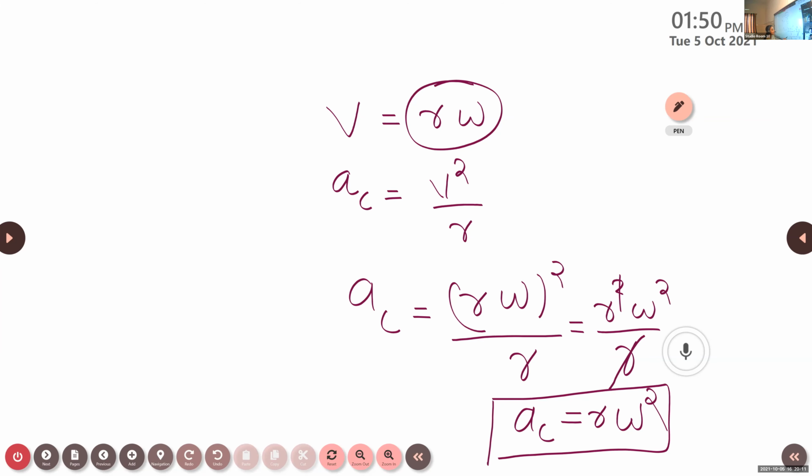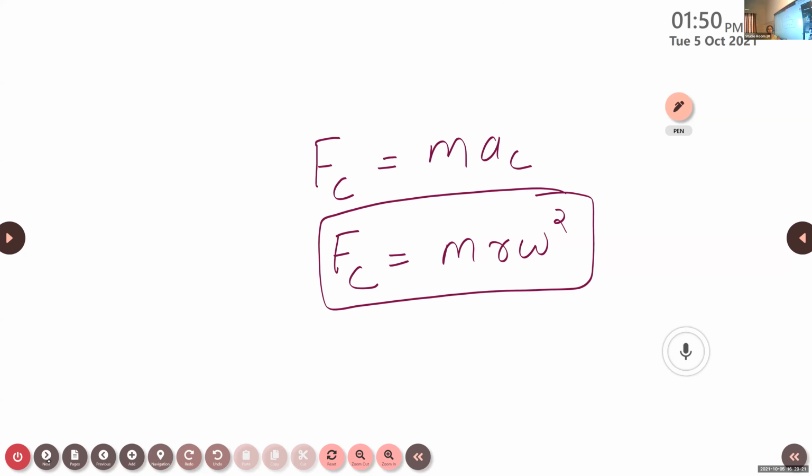So we get a new equation for calculating the centripetal acceleration. Again, our expression for centripetal force Fc is equal to m into AC. We substitute the new value of AC here, so it becomes m r omega square. So here we have two equations for calculating the centripetal force and centripetal acceleration.